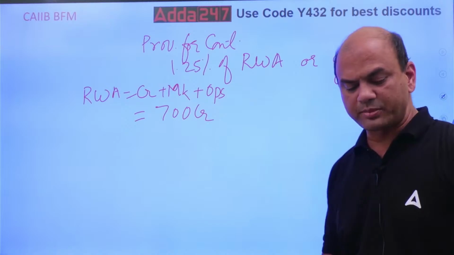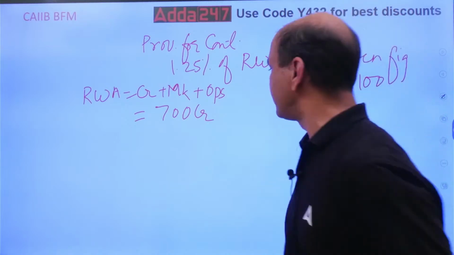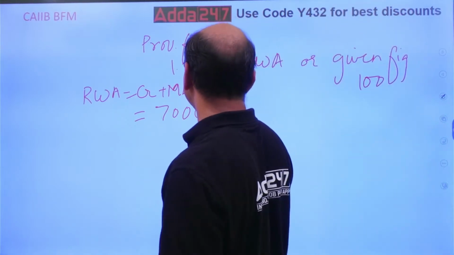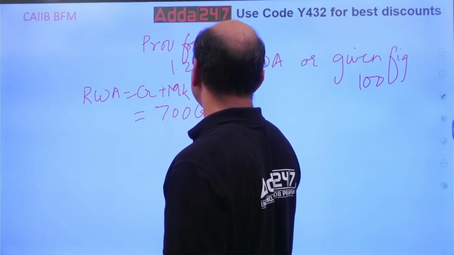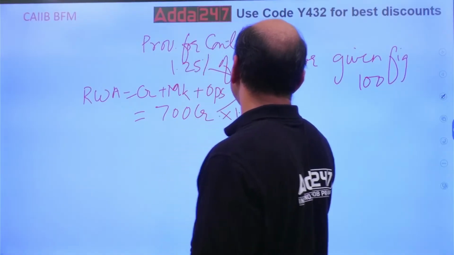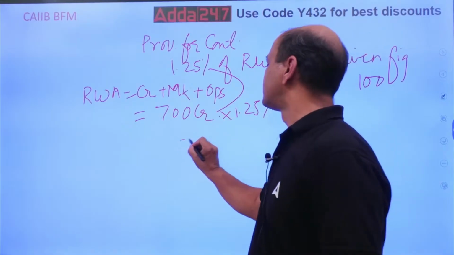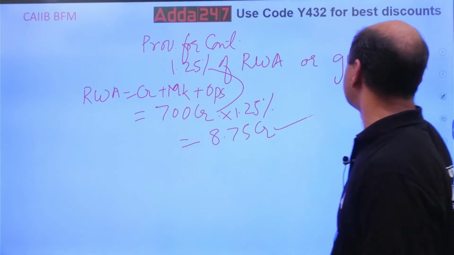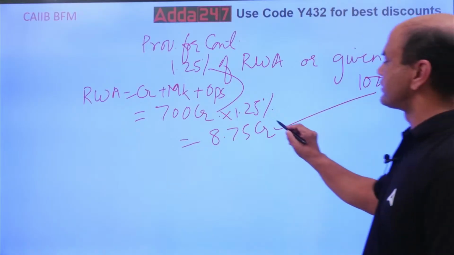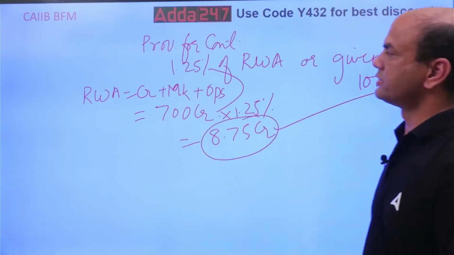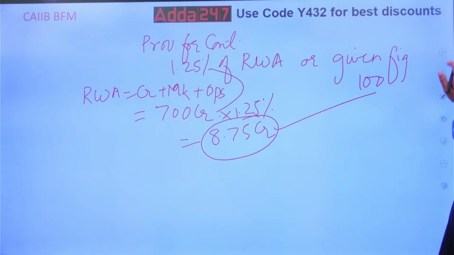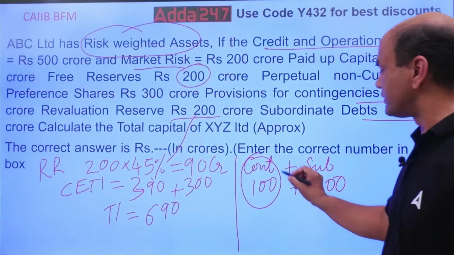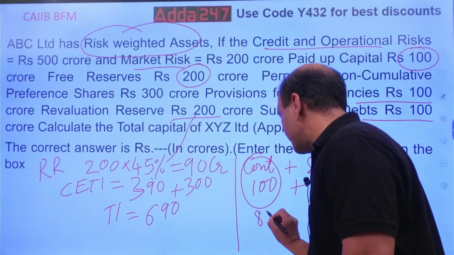So it's very less, 8.75 crores. Right? So 1.25% equals 8.75 crores. Whichever is less, this and this. So your answer will be 8.75.